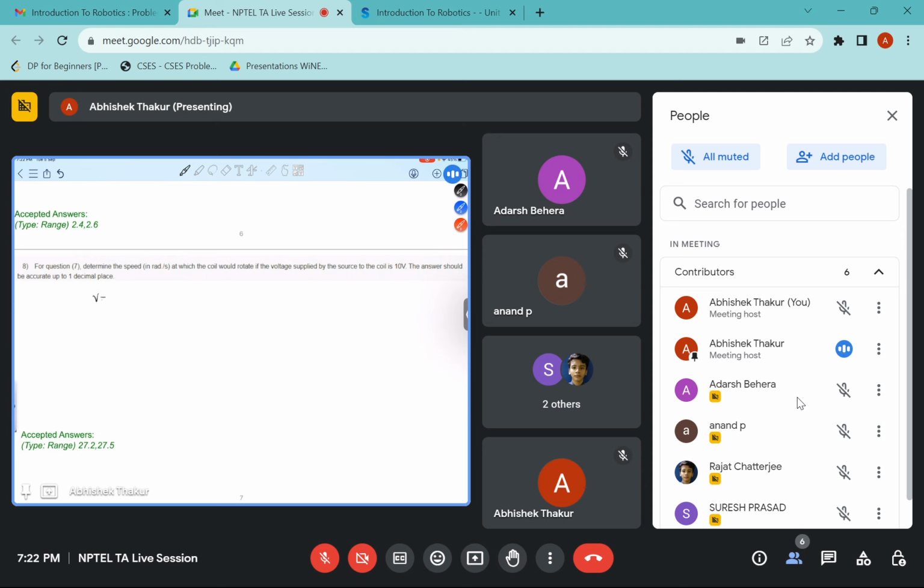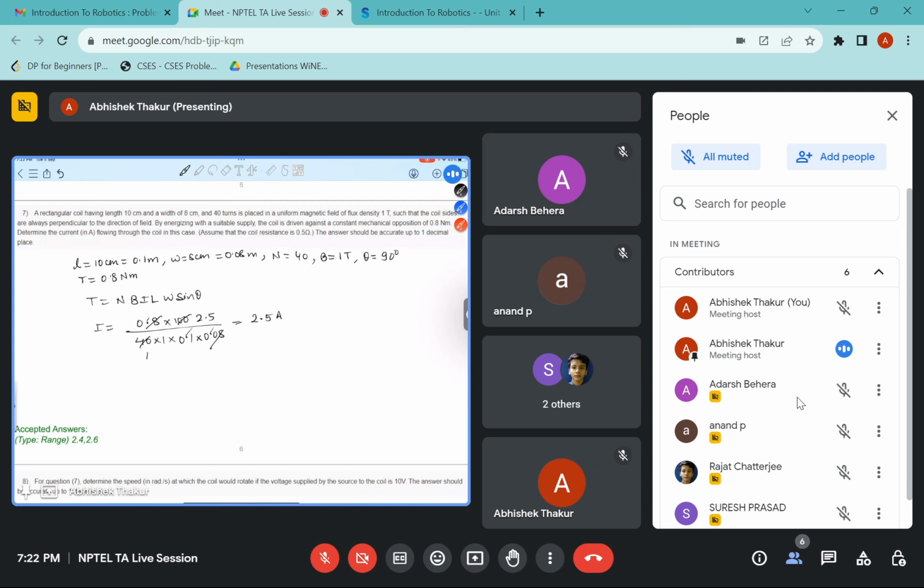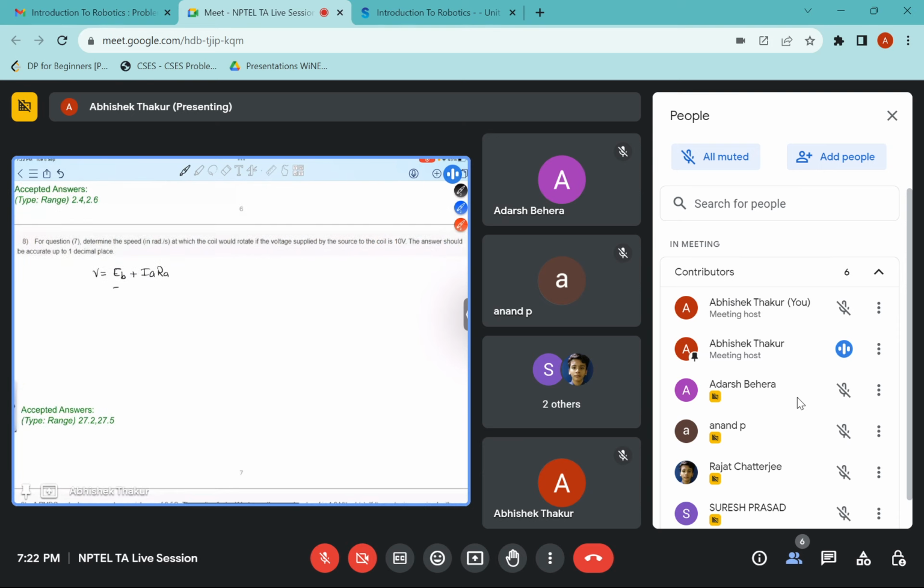We know that the formula is V is equal to Eb plus Ia Ra, and we have already found the current as 2.5 ampere, and the resistance of the coil is also given, that is 0.5 ohm. So we'll substitute these values so that we'll get Eb, because Eb is required to find omega. The formula of Eb is equal to 2 into N B into L into omega into r. So we have to find Eb first.